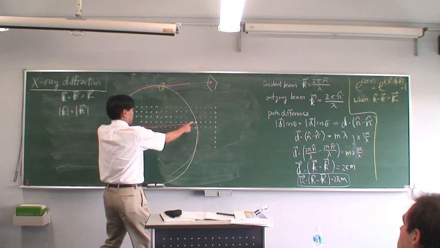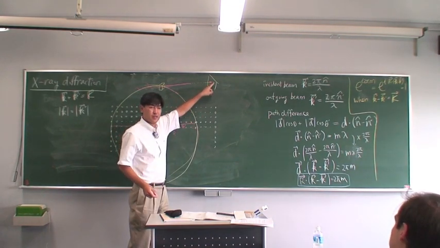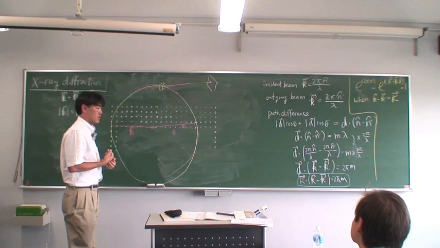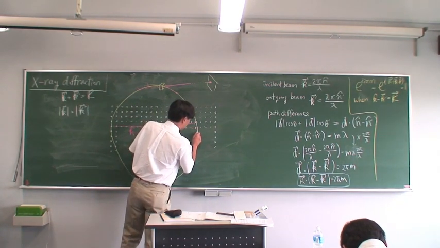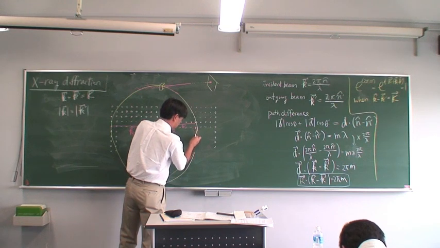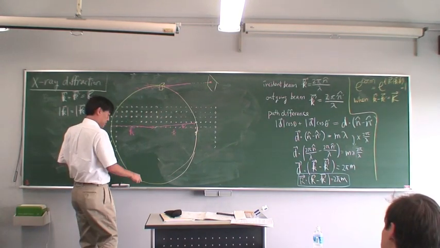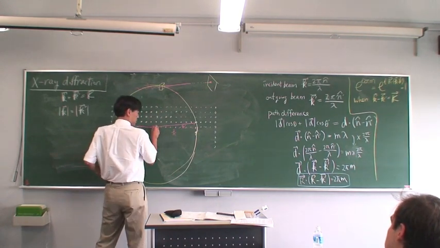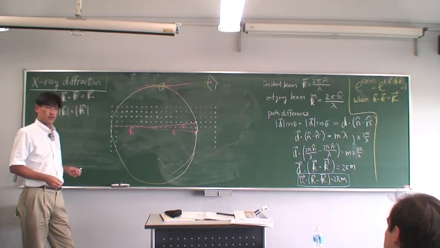This direction is parallel to this direction, so on the screen we see bright spots. There's another point here, and because it's spherical, this also has to overlap. So light becomes strong in this direction, and in this direction too.